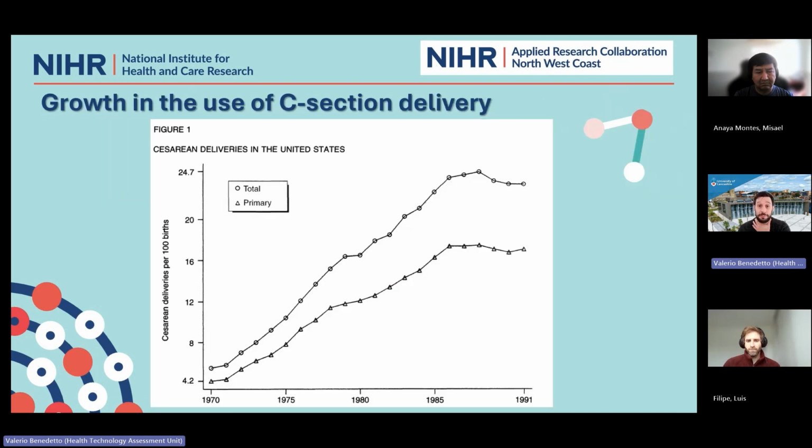Now, to give you a bit of a graphical representation of what happened during the study period and beyond as well, this is the rate of C-section deliveries between 1970 and 1991, and you can see the first line, the top line, represents the total C-section delivery rate.